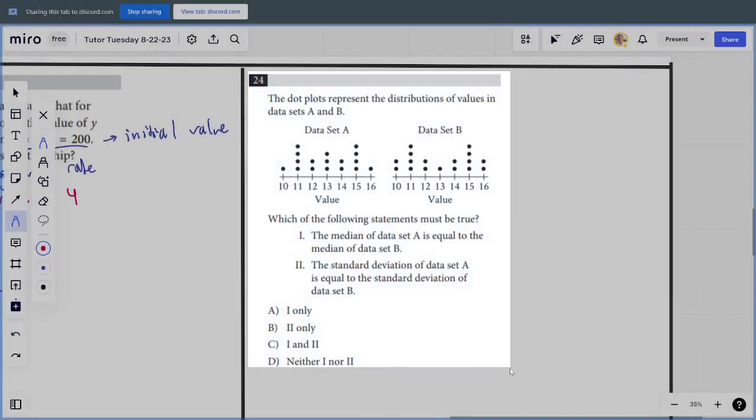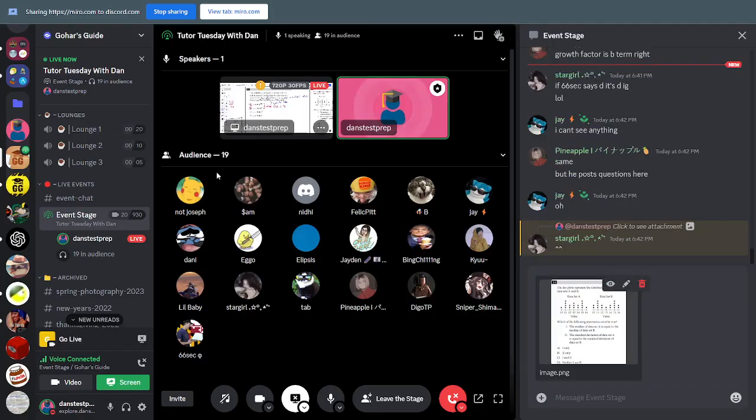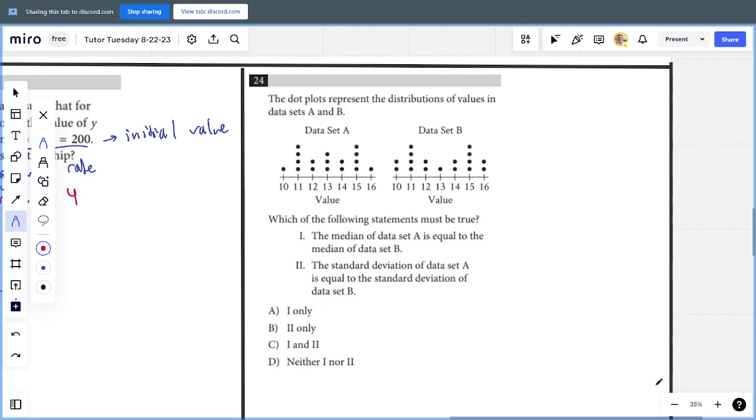And last, for these digital SAT questions, we've got number 24, which is dealing with dot plots. So the dot plots represent distributions of values in datasets A and B. Which of the following statements must be true?